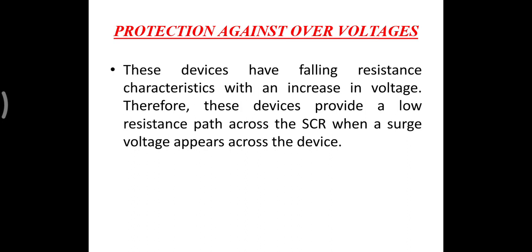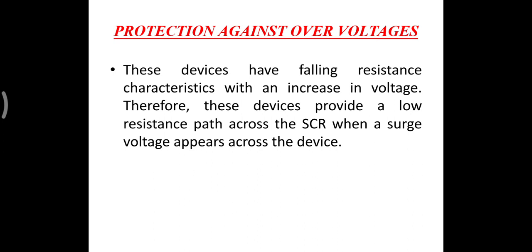Okay? So these voltage clamping devices have a falling resistance characteristic with increase in voltage. Therefore, these devices provide a low resistive path across the SCR when surge voltages are applied across the device. How can we protect the SCR from over voltages? By using a voltage clamping circuit. How does it give protection?